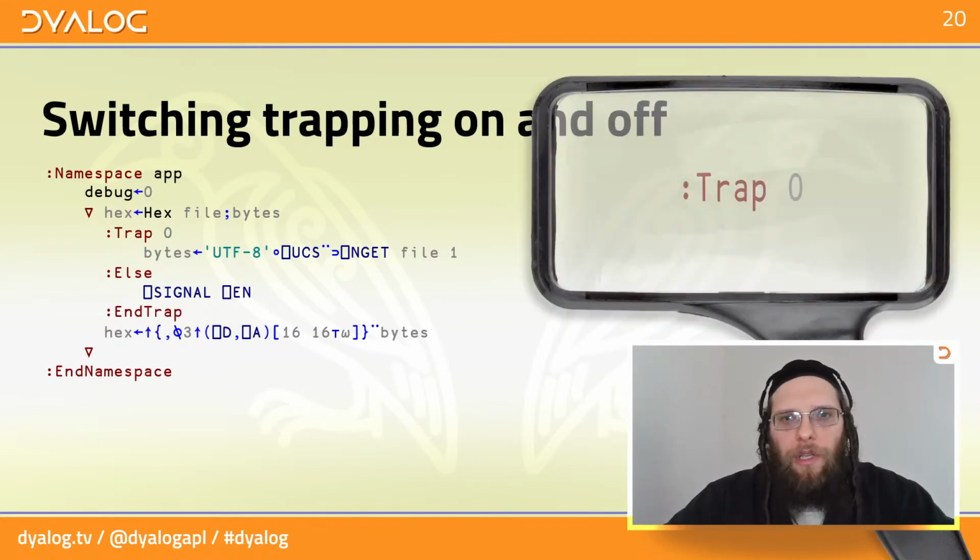And then if we look at our trap statement closely, it says trap 0. That's an unconditional trap all errors. We change this to using the debug variable.